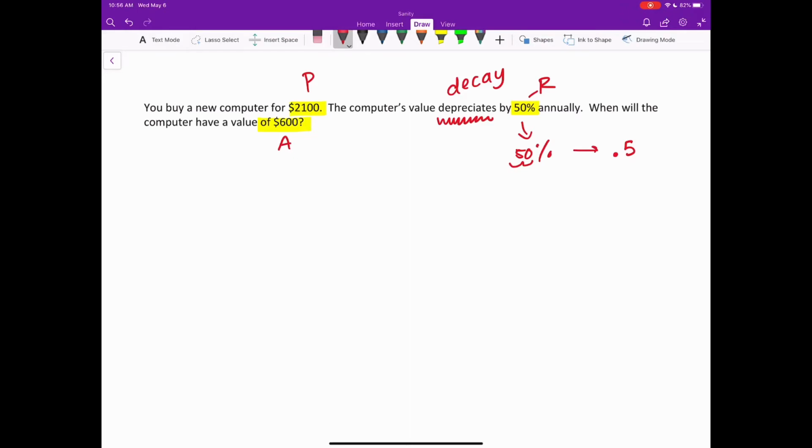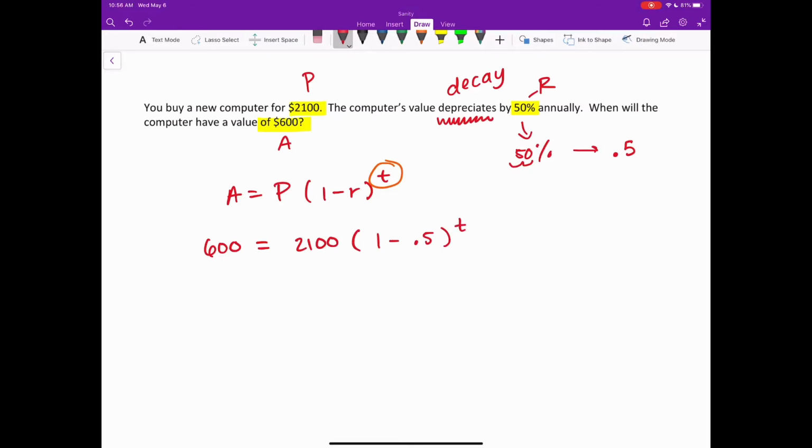That's my A amount. If I use this formula, A equals P times 1 minus R to the power of T, I can input everything, and we want to solve for T. So my A is $600 equals my principal, $2,100, times 1 minus 0.5 to the power of T.